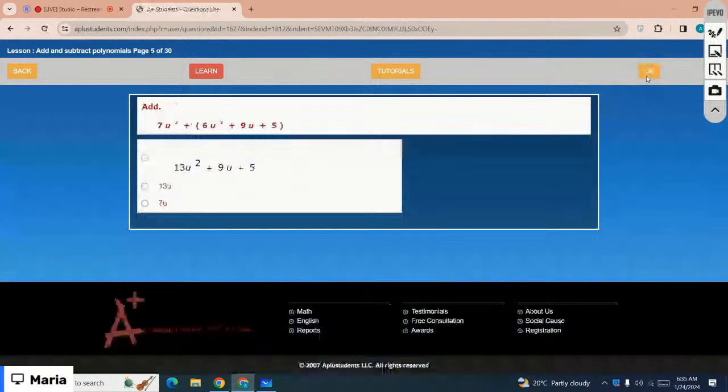The next one is 7u square plus 6u square plus 9u plus 5. So which is the correct option?